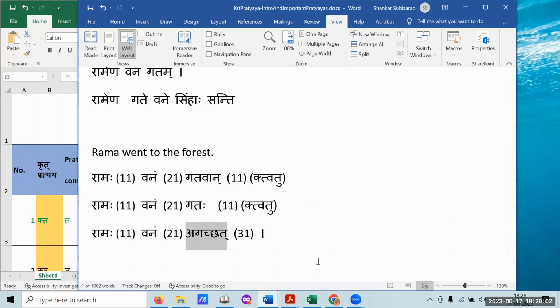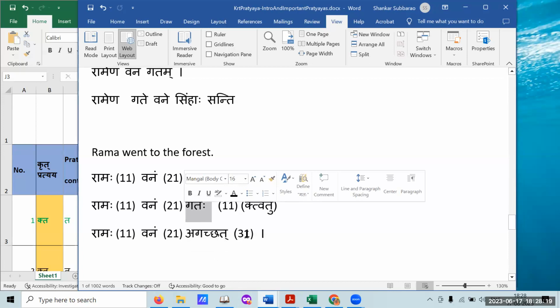Only thing is now past tense. And which kind of a past tense? It is supposed to be not yesterday's past. A little older than that. But then the past tense can be many. Whereas the gataha can stand for yesterday, can stand for today, can stand for 10 centuries ago also. Same word can be used.